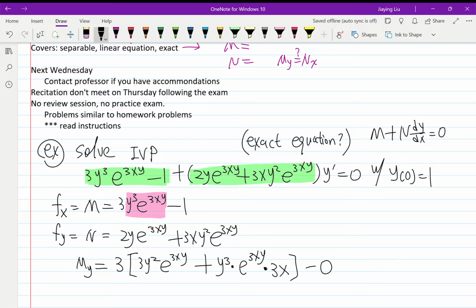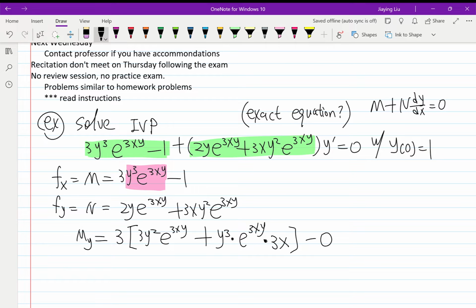And then the negative 1 will give me a 0. Simplify a bit, so we end up with 9y squared e to the 3xy plus, take this 3 multiplied with this 3x, so that's 9x y cubed, and then the exponential.